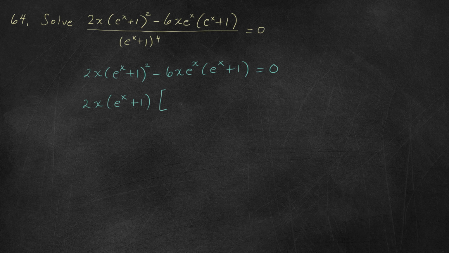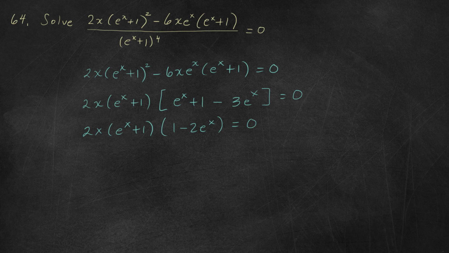When I factor that out of the first term, I'm left with e to the x plus 1. Minus, when I factor from the second term, I'm left with 3 e to the x. I have some like terms that I can combine here. So e to the x minus 3 e to the x is negative 2 e to the x.